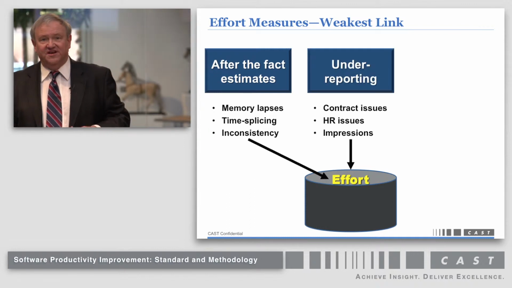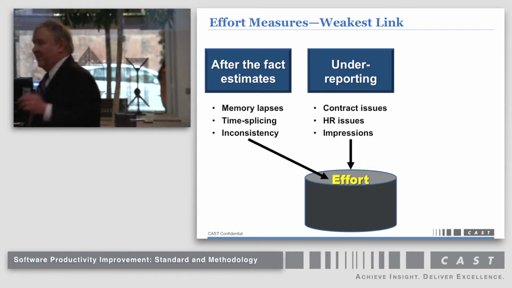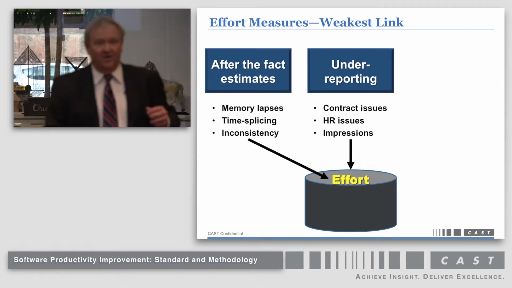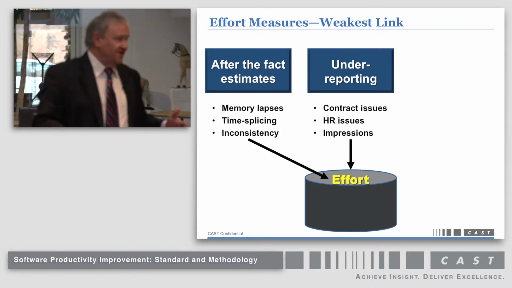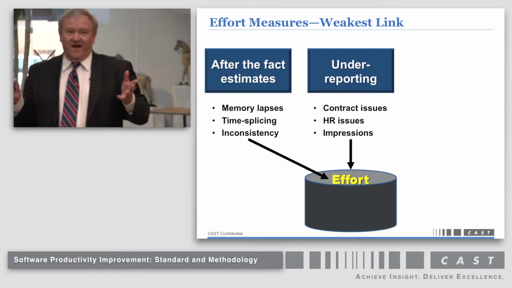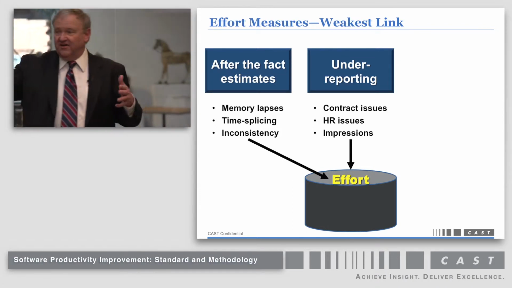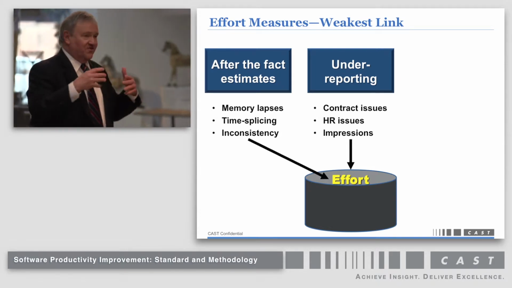Another problem is that it's historically underreported. I was at a major Indian outsourcer doing an assessment of their process, and I looked at their effort data, and everyone in the building had reported 40 hours per week. So I got the measurement person.